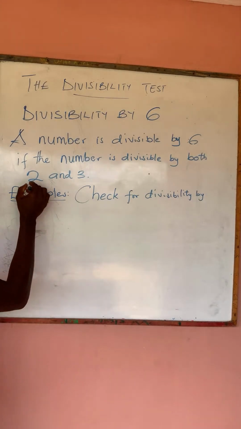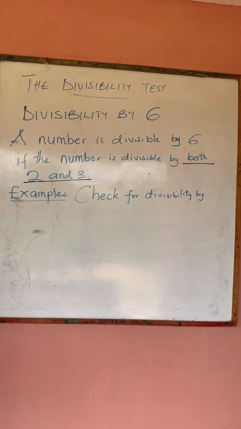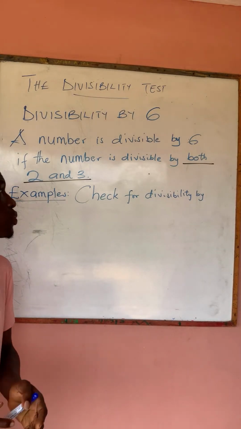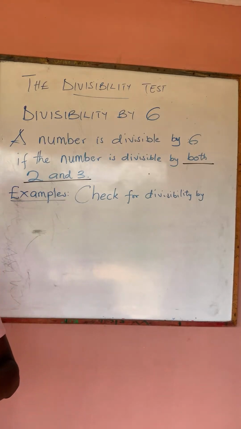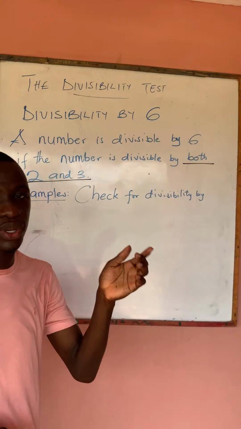The emphasis is on both 2 and 3. So that's the only condition for divisibility by 6. A number is divisible by 6 if the number is divisible by both 2 and 3.